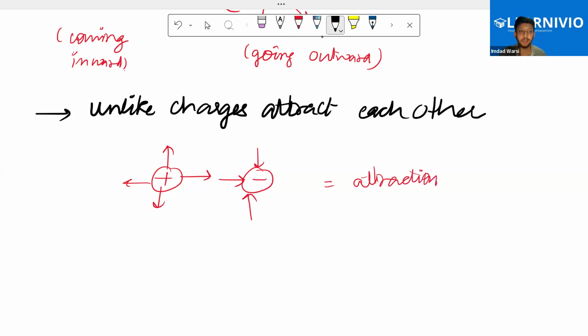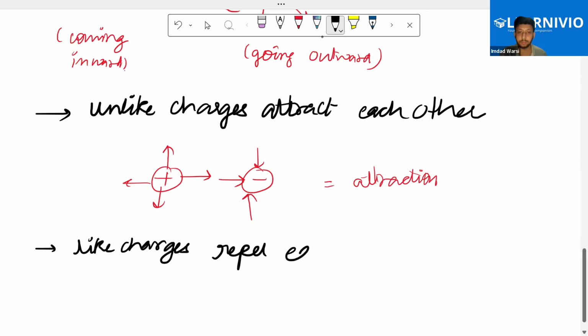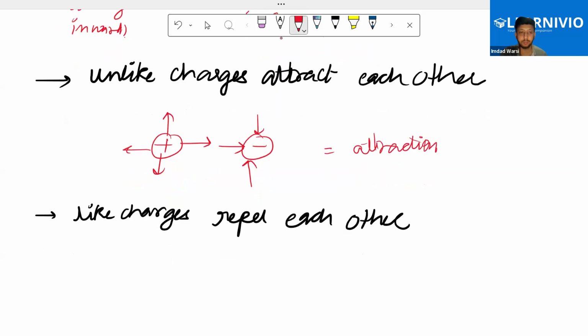And then we say that like charges repel each other. Let's take two like charges. Let's take a proton. See here first, we have taken two protons.